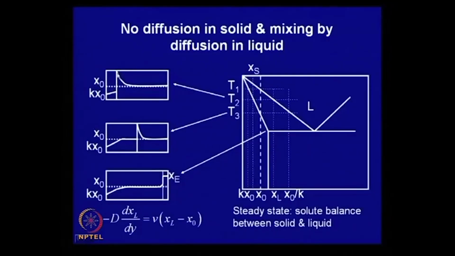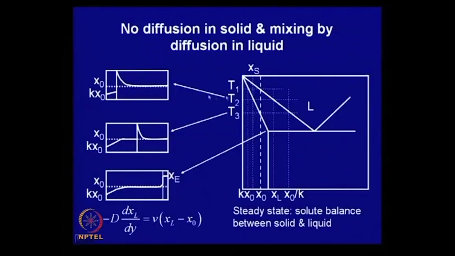Because of this concentration gradient, there will be some diffusional flow of solute from higher concentration to lower concentration. So, in this case also, we can build up a similar equation using the conservation principle that will describe how the solute gets redistributed in the liquid.